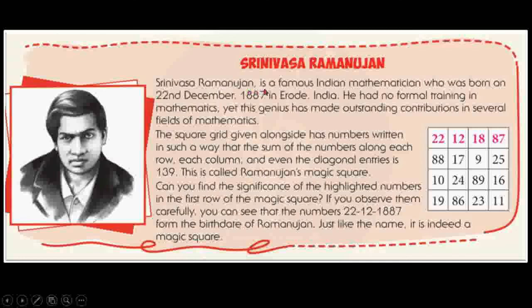Srinivasa Ramanujan is a famous Indian mathematician who was born on 22nd December 1887 in Erode, India, which is in Tamil Nadu. And remember this, his date of birth, 22nd December 1887. 22, 12, 18, 87, which is needed. Remember this.